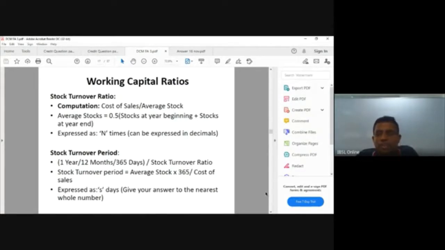The more frequently you convert inventory into sales, the better it is. Therefore, a higher number of days is not good, and a lesser number of days is good. How do you interpret this ratio? It is the number of days a company will take to convert their inventory into sales.